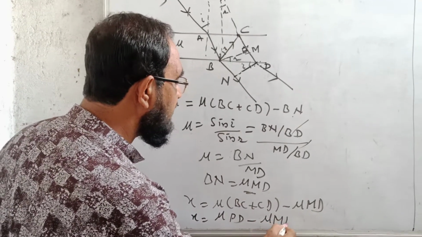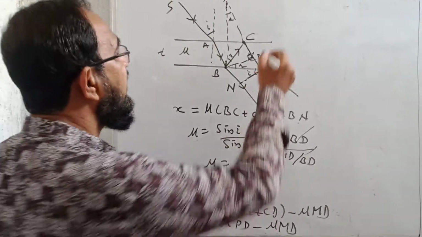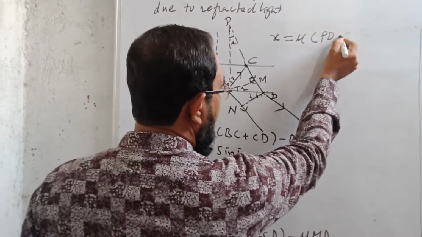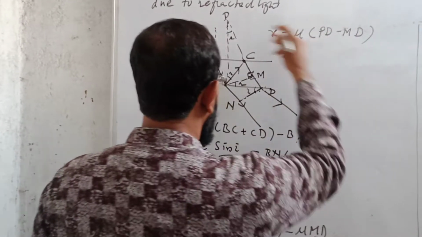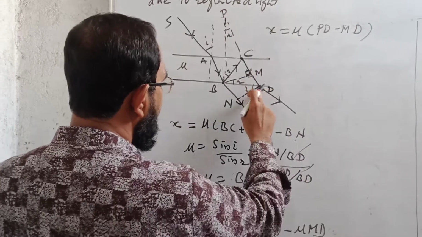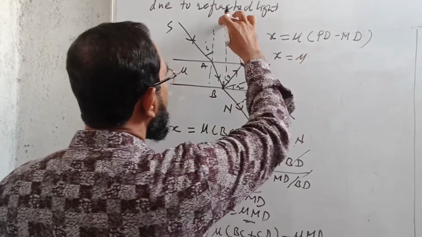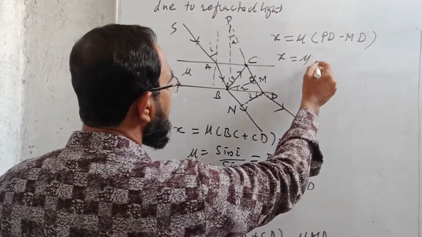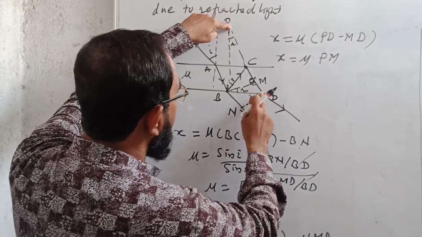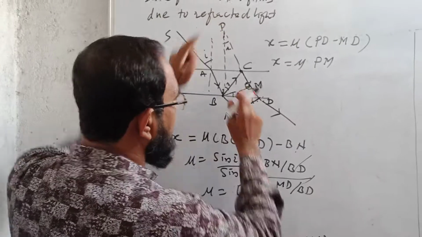So I will take mu common, then x will be equal to mu into PD minus MD. And PD minus MD will be equal to PM.